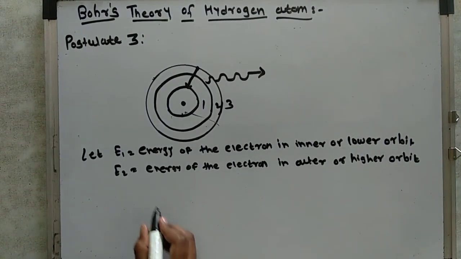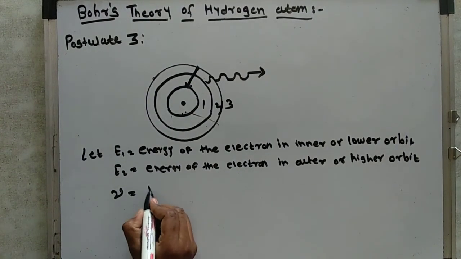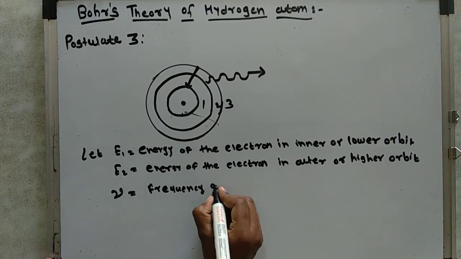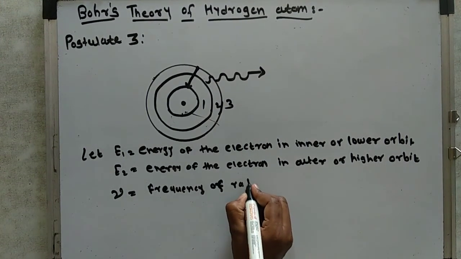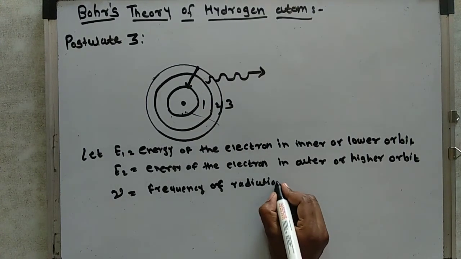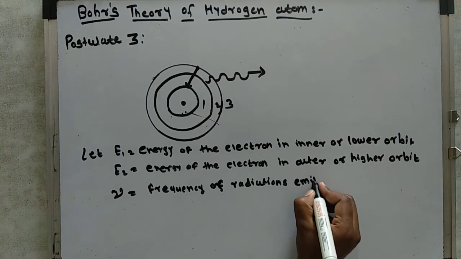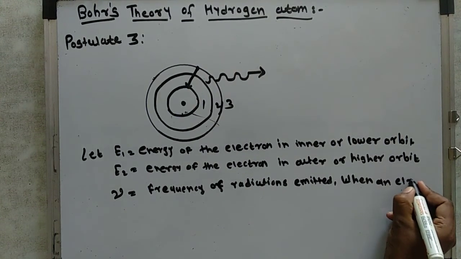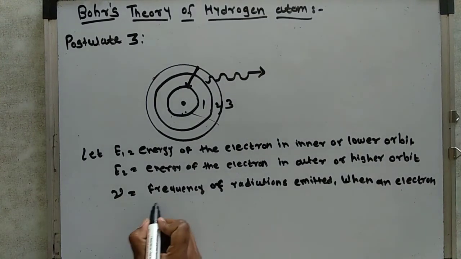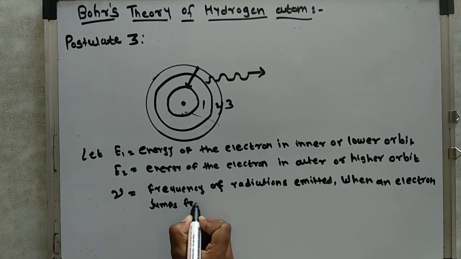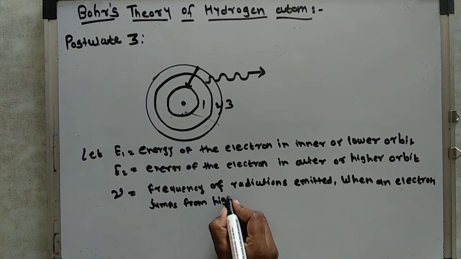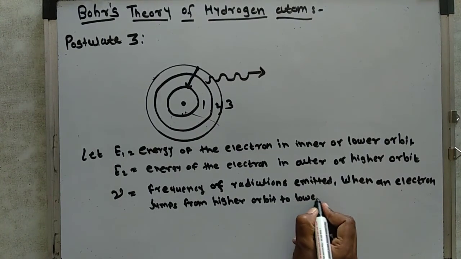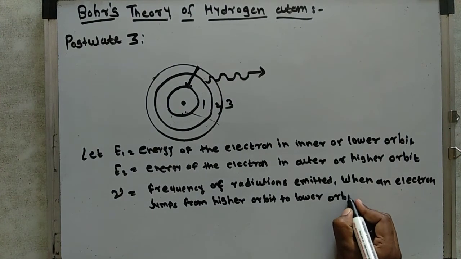Then nu is equal to the frequency of radiation emitted when an electron jumps from a higher orbit to a lower orbit.